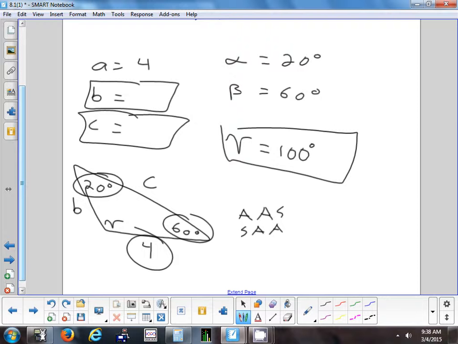When we did right triangle trig, I said, don't ever use something you found to find something else for two reasons. One, it could be wrong. Two, if you rounded it, it's not as accurate. Well, this week, we're not going to be able to do that.